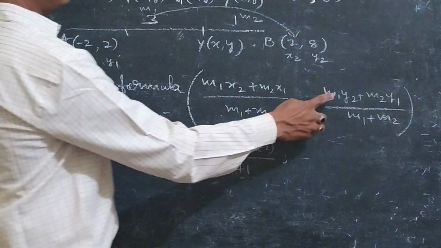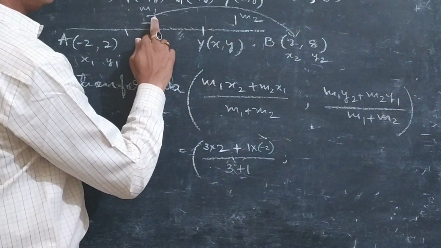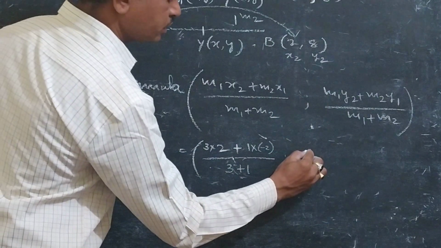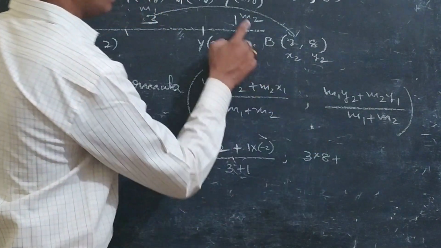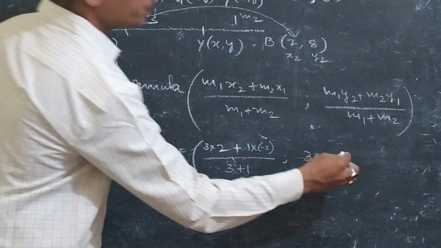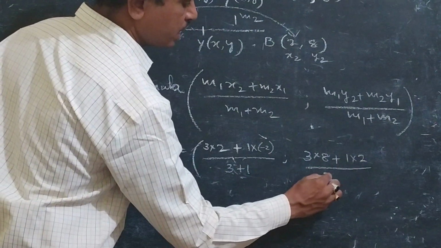Next, m1 into y2, that is 3 into 8, plus m2 into y1, 1 into 2, whole divided by 3 plus 1.